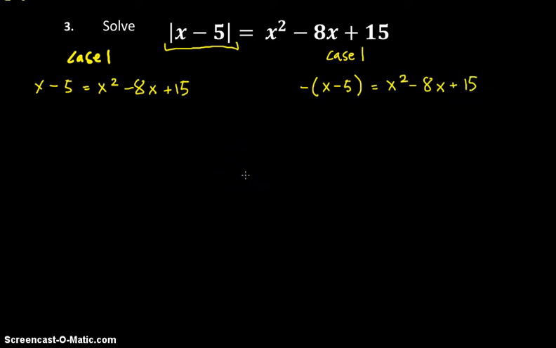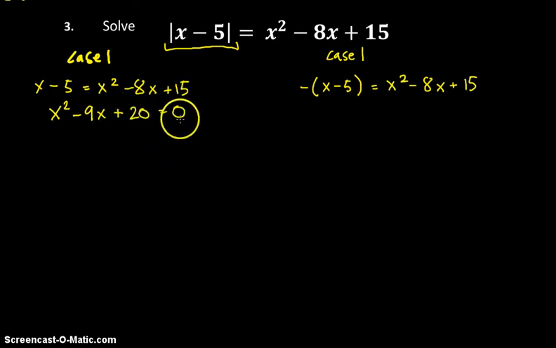What you'll notice is that I'm going to solve for each one, and I get a quadratic in both cases, so I'm going to be getting four different numbers. You can do the work on your own if you like, but I don't have time to go through these in detail. The first case will leave me with x squared minus 9x plus 20 equals 0.